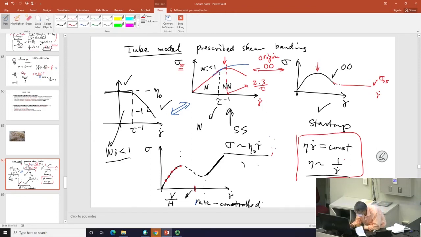In fact, you may suggest that beyond this rate, in steady state, remember this is a plot of steady state, beyond this point, the stress does not grow further. But you are shearing faster. Okay? How can that be?